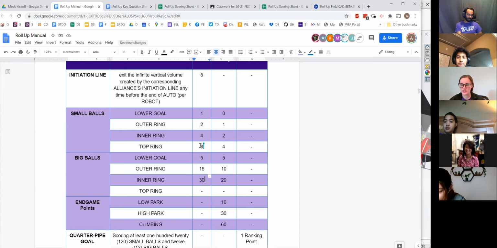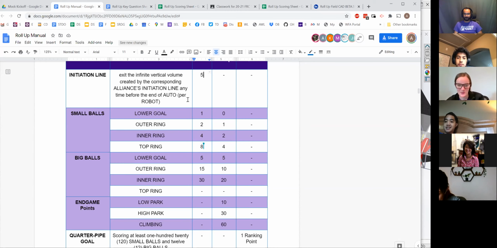You could start bumper to bumper with somebody, they spit out their 10 and you pick them up. So theoretically, you could have 30 small balls at one time, if you get all 10 from both of your partners.